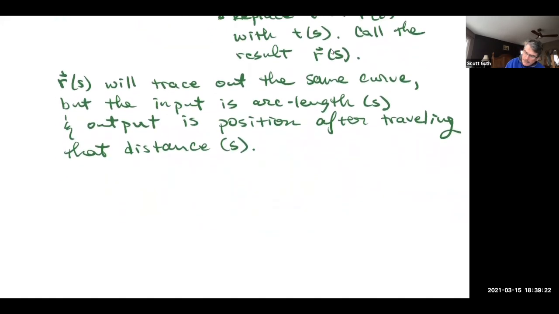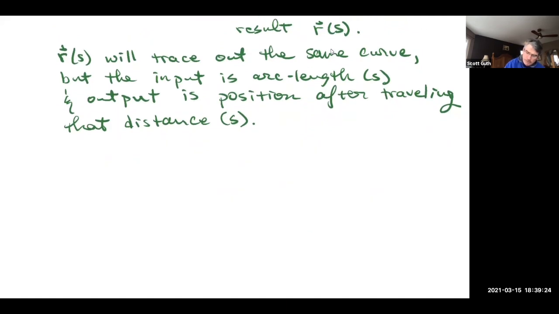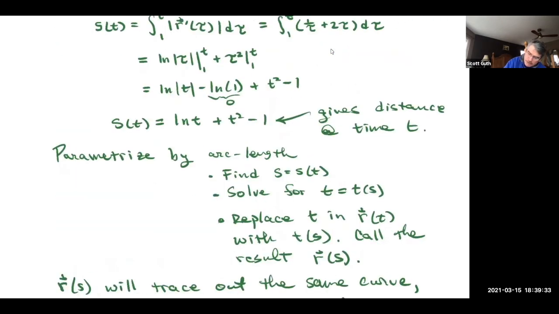I guess I could do a quick example of that. So let's just see if I can do it very quickly. By the way, this one that we just did, I can't solve this for t. So I'll use this example more, but it's not a good one for demonstrating what I just described.